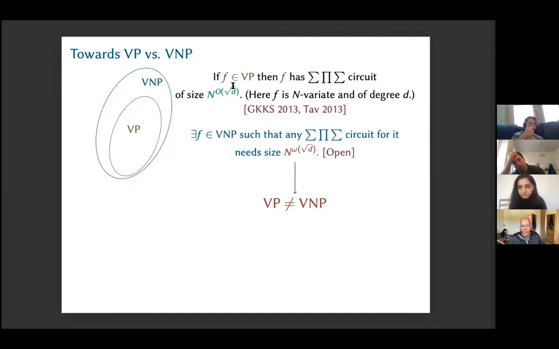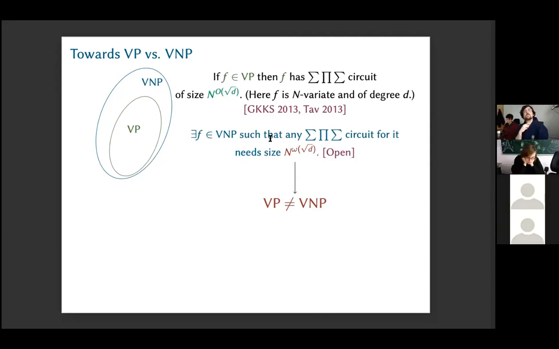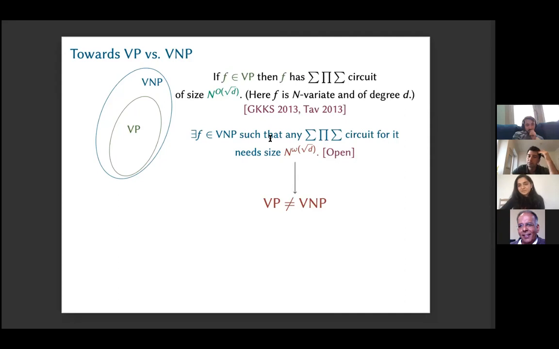Exactly. And it's quite conceivable that for the permanent you could show depth 3 circuits. I mean, one wouldn't expect them to be that small. Yeah, absolutely. You are absolutely right. So this statement should really be true, right?